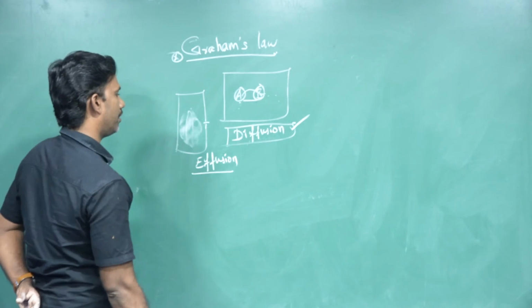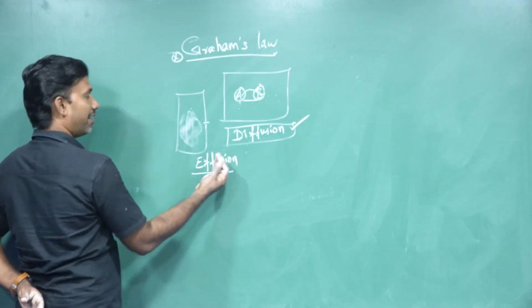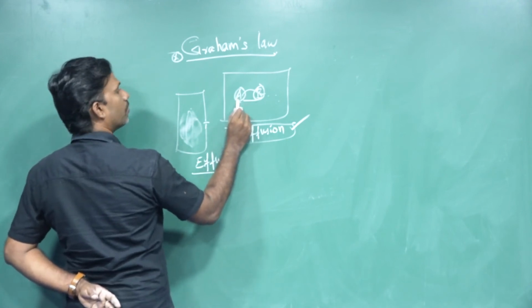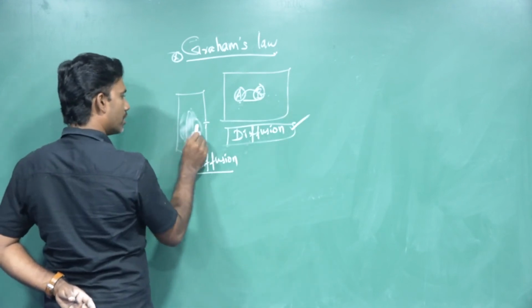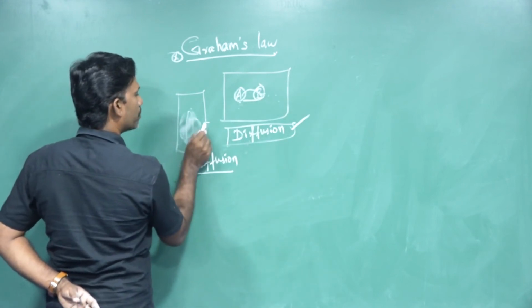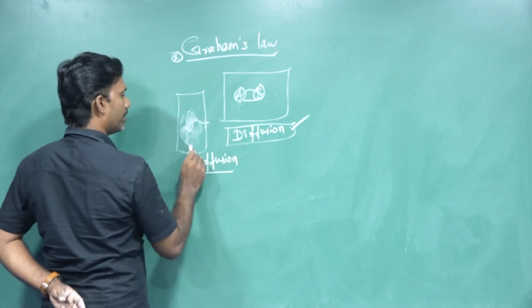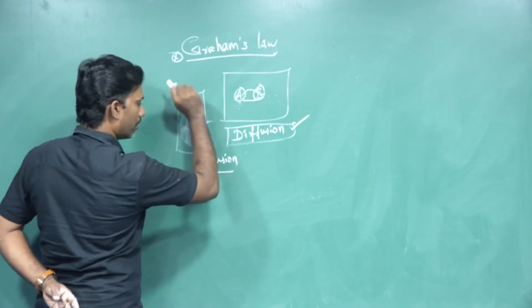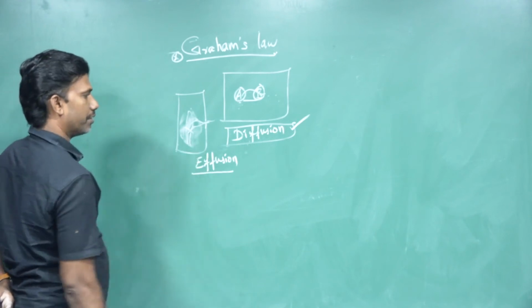Graham's law concerns the rate: how fast a gas moves into the other gas, or how fast it will effuse through the small hole. For a mixture of gases, which gas comes out first, and how fast, A or B. This is effusion.